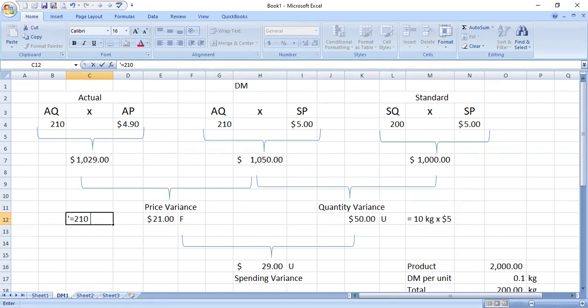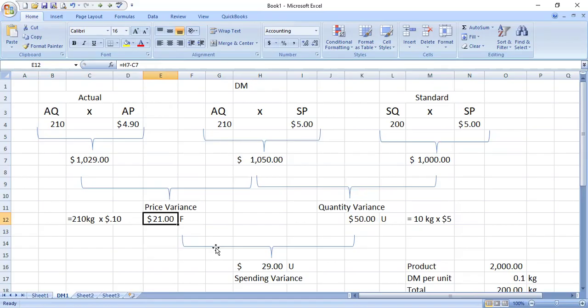How much is the difference in the price? 10 cents. Why are you so scared? It's 10 cents. So 210 kilograms times 10 cents, what's going to give us? $21. Make sense? Yeah.